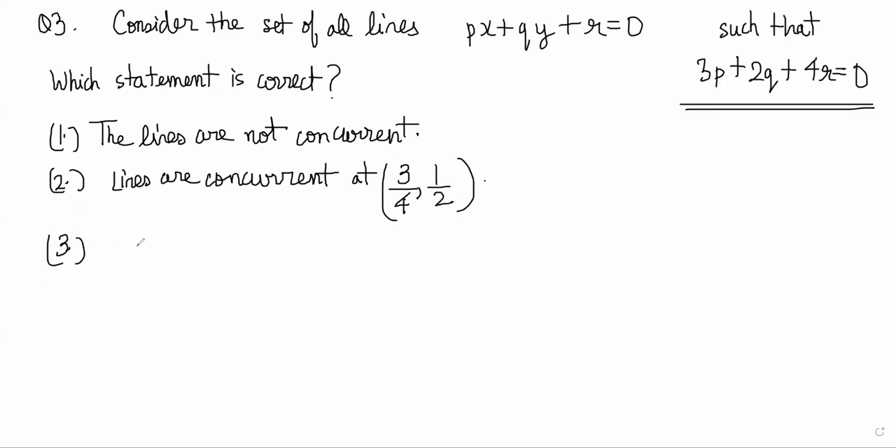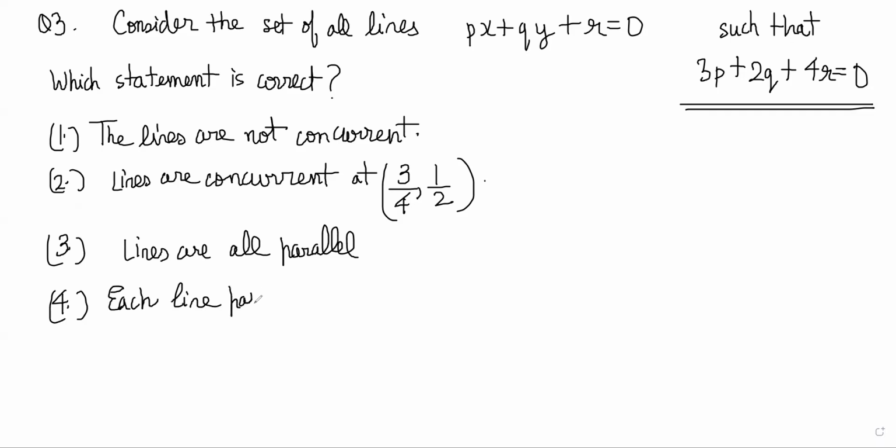The third part is lines are all parallel. And the fourth option is each line passes through the origin.